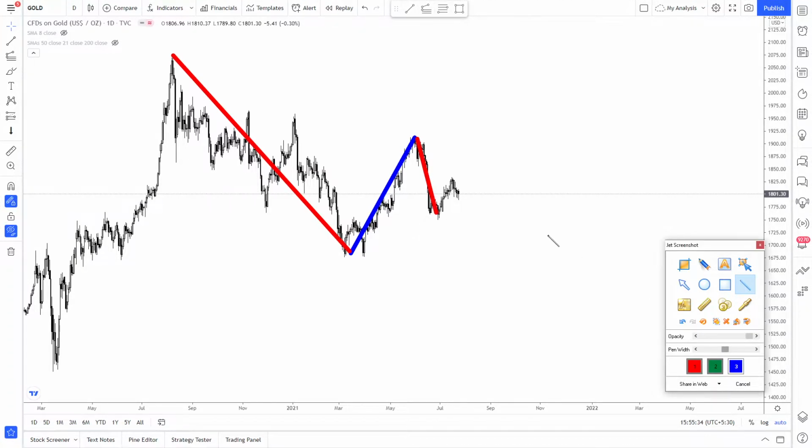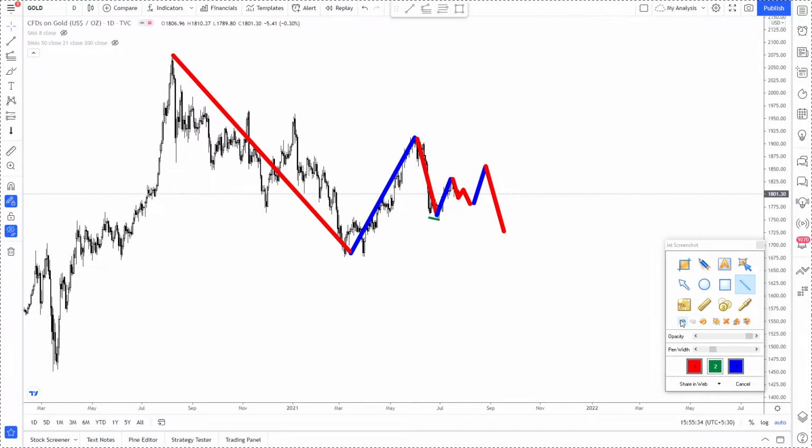So what I am trying to explain here is whether this is the A, so this is the B. It could make a move like this, and after this I'm expecting one more blue. For an impulsive move, this is the end of the correction, so I'm expecting it to break this low.